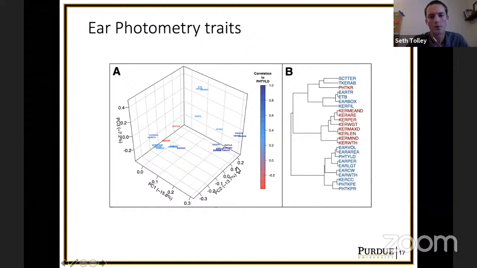Principal component 2 was a contrast between traits that increased kernels per ear and traits that increased kernel size. And then principal component 3, we found it was a contrast between traits that increased the overall size of the ear versus traits that increased the amount of the ear that was filled with kernels.